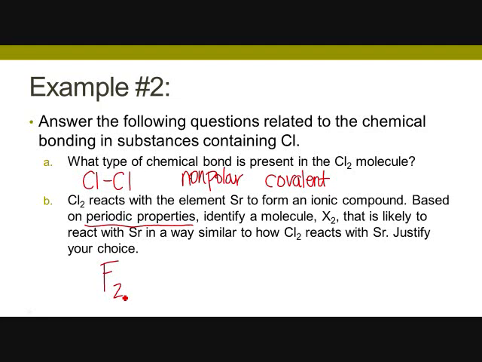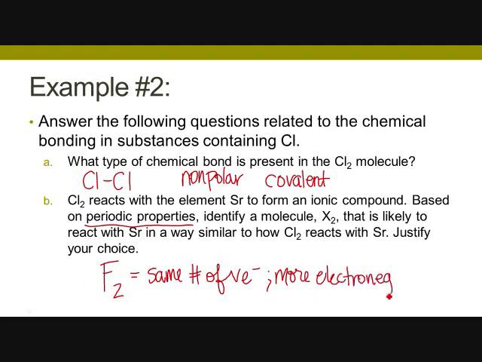That's because it's in the same column, so it has the same number of valence electrons, and it's actually more electronegative. So it's going to want to gain the valence electrons from strontium even stronger, even better than chlorine does, because it's more electronegative.